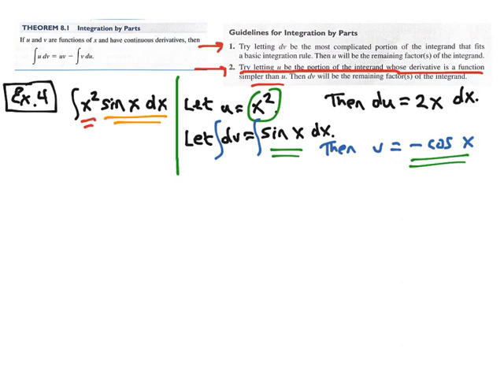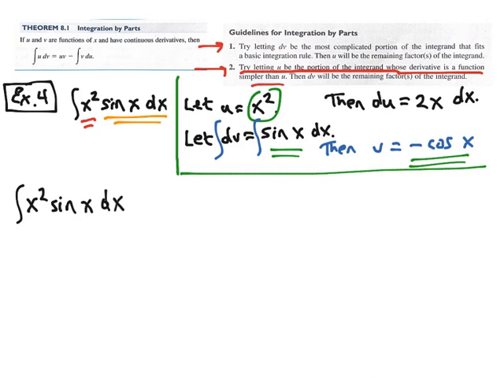So now that we have that, we can go ahead and apply the integration by parts formula, and when we do that, this is what we have. So we write the original problem, x squared times sine x dx, and what is that equal to? uv minus the indefinite integral of v du.